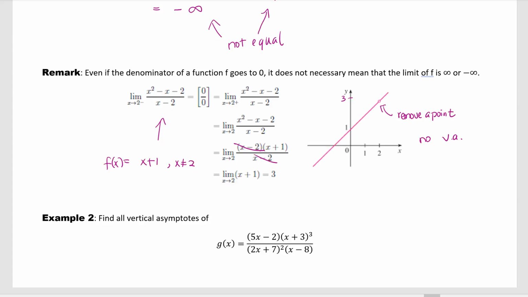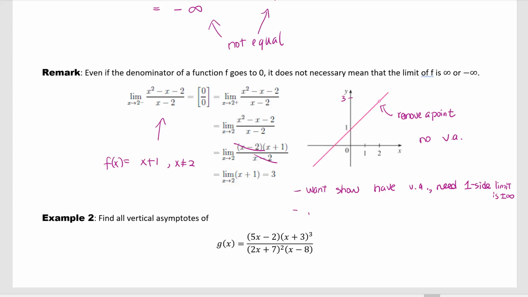Okay, and actually if we want to show we have a vertical asymptote, we just need to show one of the one-sided limits is plus or minus infinity.